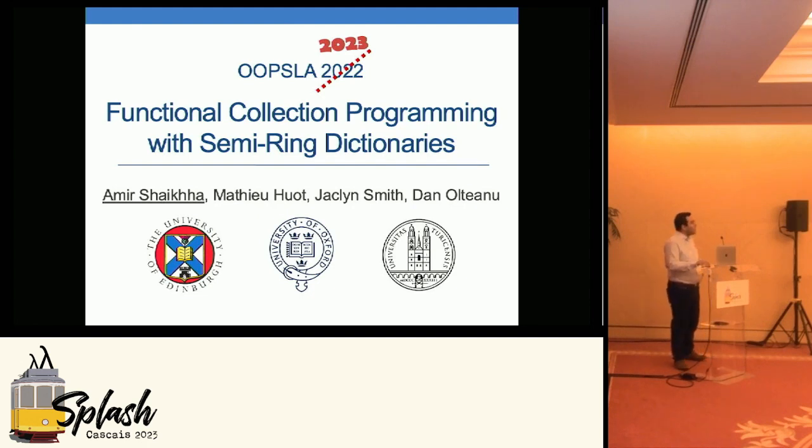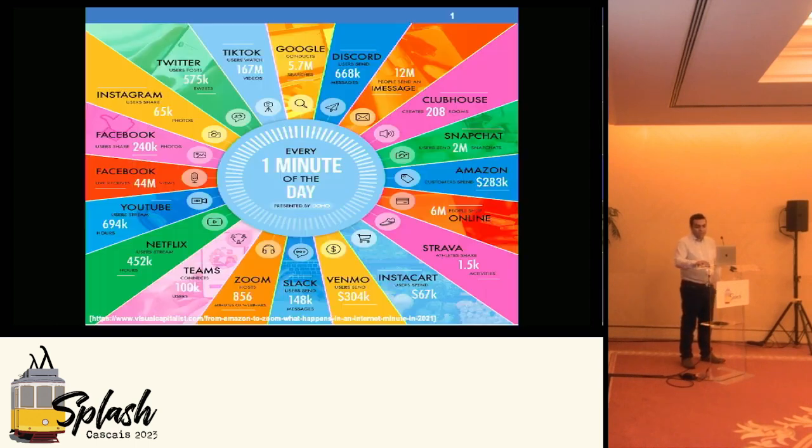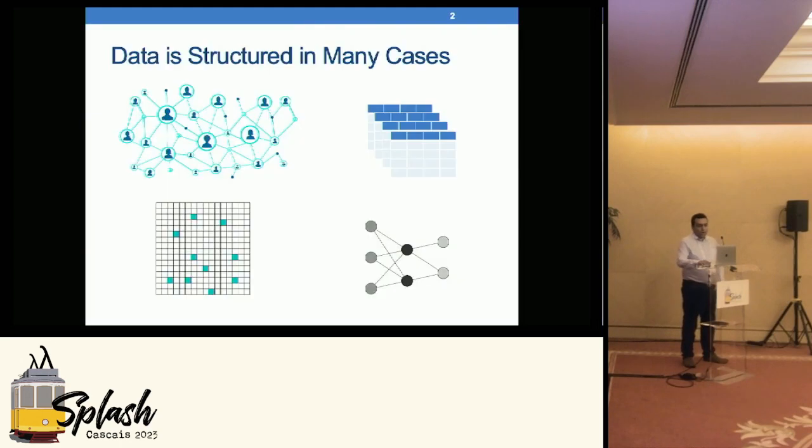Not that much has changed since 2022. We are still surrounded by a lot of data. On this figure, you can see how much data is produced throughout the web every single minute. Most of this data is actually structured.